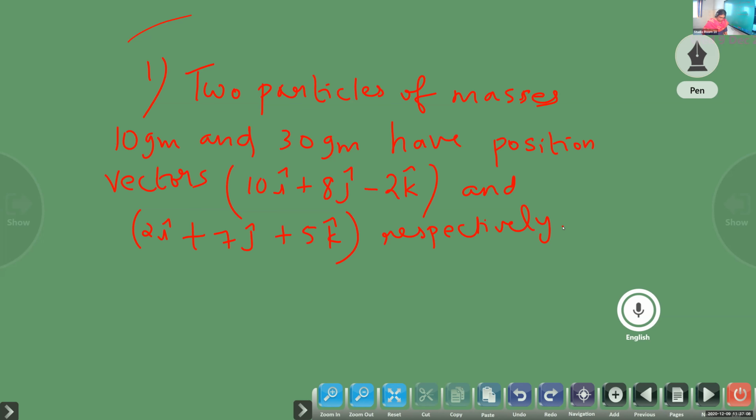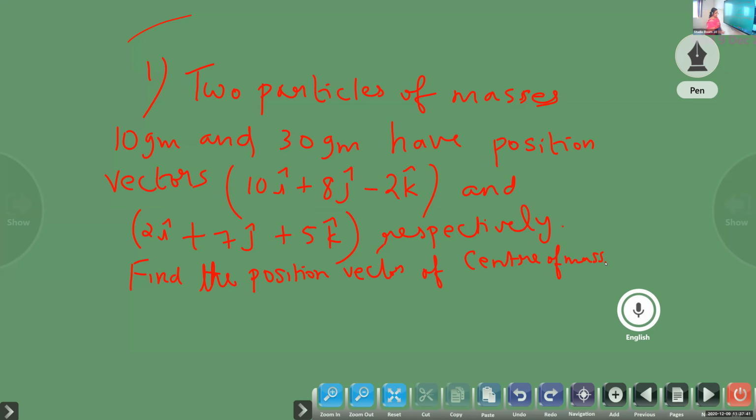Find the position vector of center of mass. So in the question, what is given to us? Only position vectors are given, where the first particle is lying and where the second particle is lying.